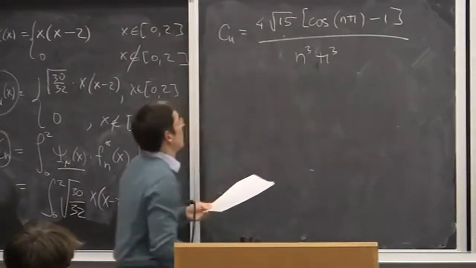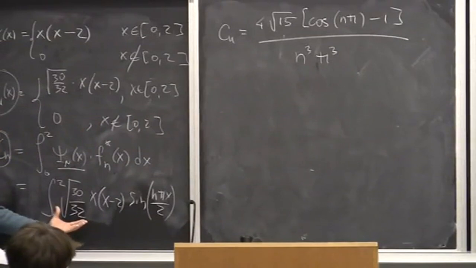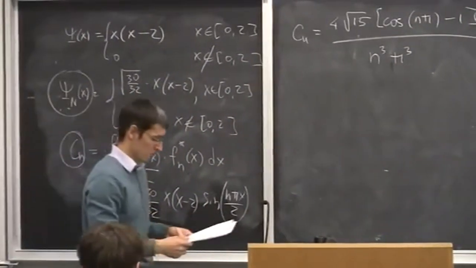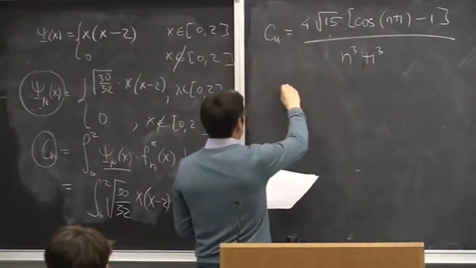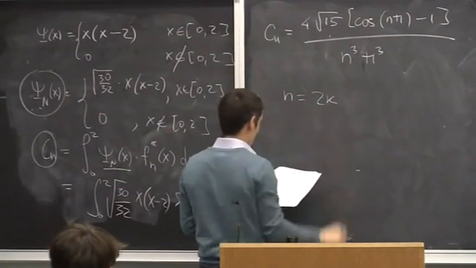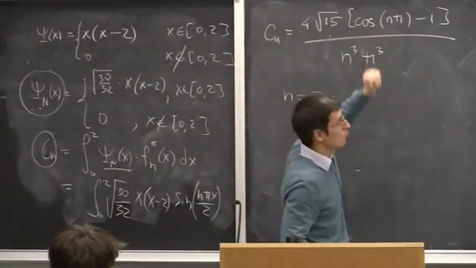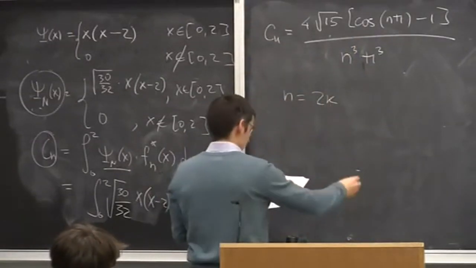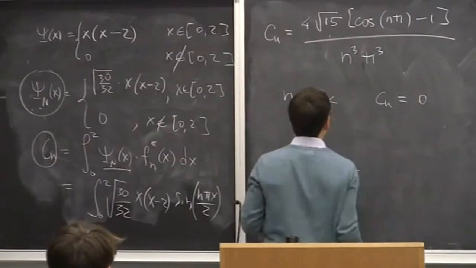Okay, so that's the expression that you can obtain yourself at home by taking this integral. And one thing for those who know trigonometry is that if you have even n's, then the cosine will be equal to 1, and so the coefficients will be 0.